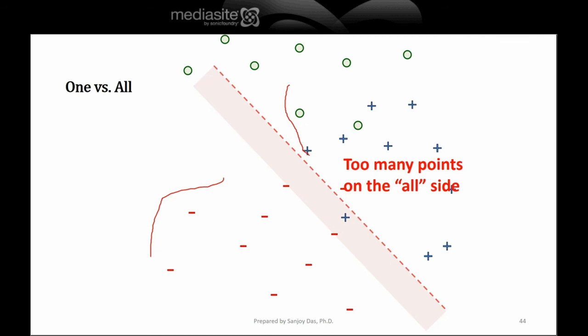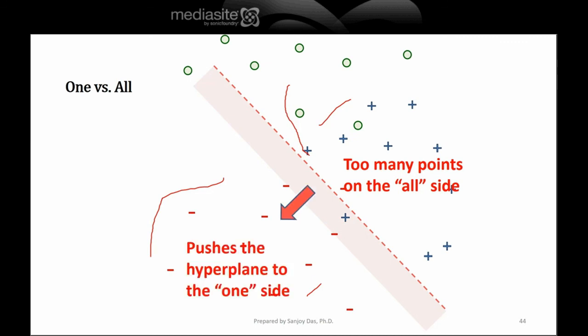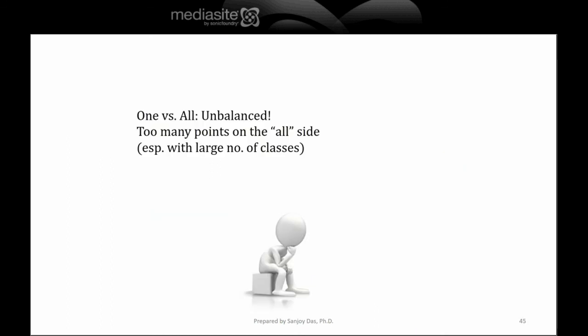The number of points on this side would be much higher than the points on this side. And when we do the optimization, the hyperplane would be pushed to the one side, which is not desirable. It will introduce more errors. So in other words, the one versus all method is unbalanced.